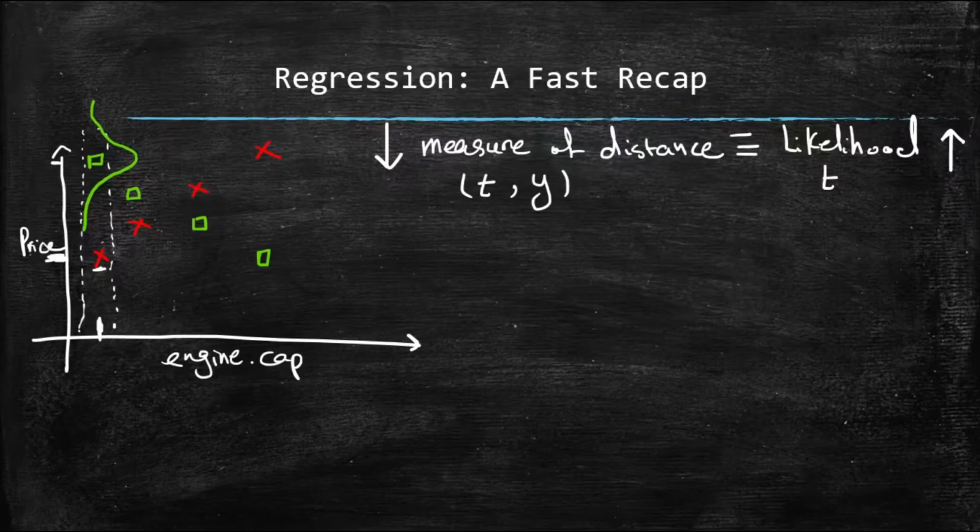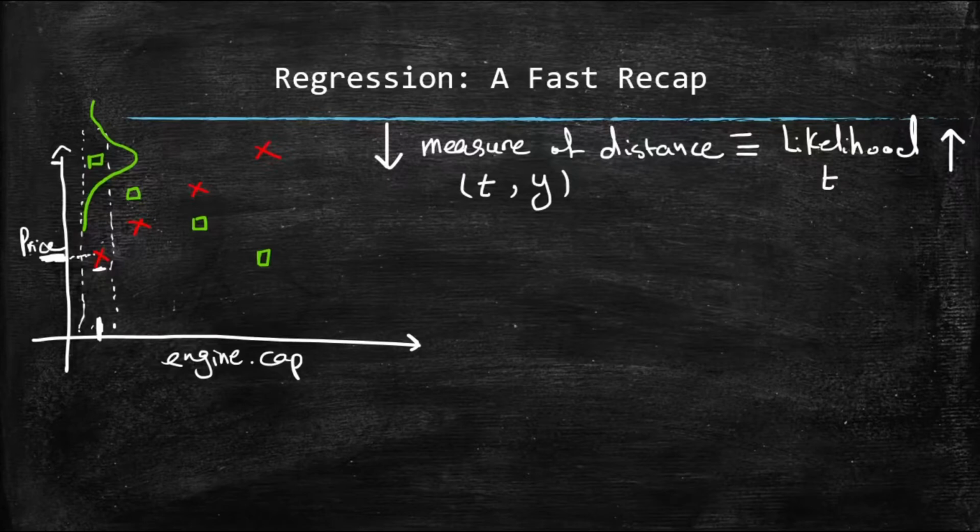Given this particular engine capacity, if I assume that this green Gaussian is explaining the distribution of the prices for cars that have this engine capacity, how likely is it that the ground truth price, the actual price, which is this guy, could be sampled, could be generated by this Gaussian? How do we measure that?